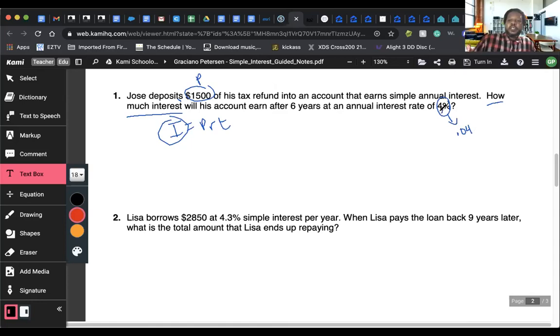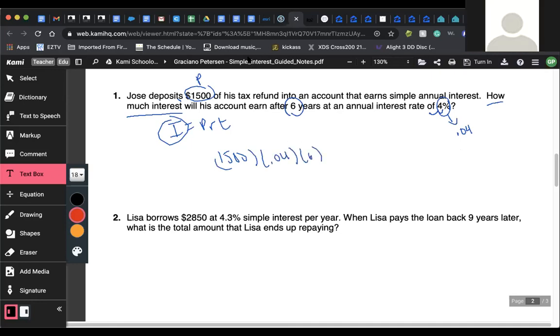Remember, we always go 2 places to the left, 1, 2, so that means we have to put a 0 in that empty space. And our time is 6 years. So we're gonna have 1,500 times 0.04 times 6.